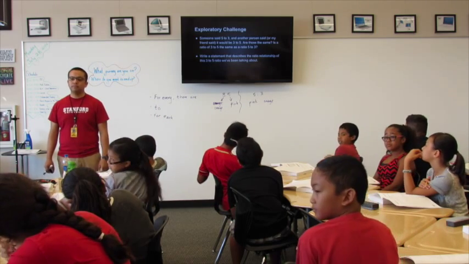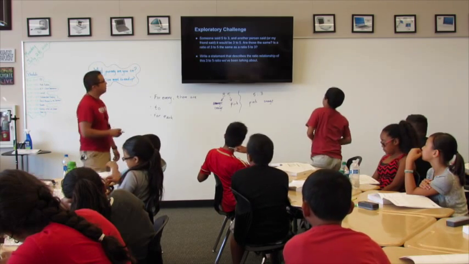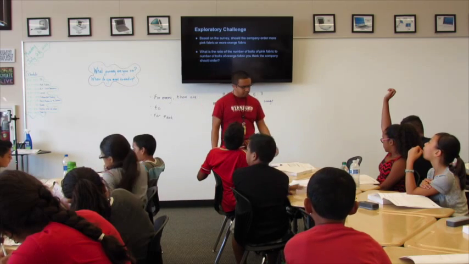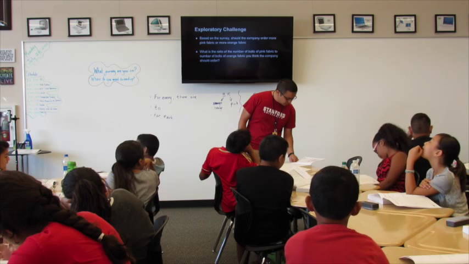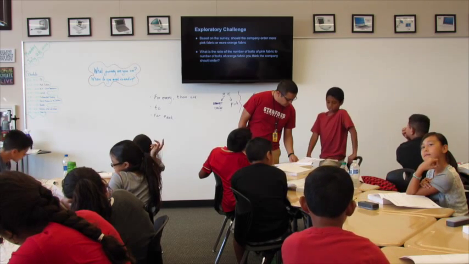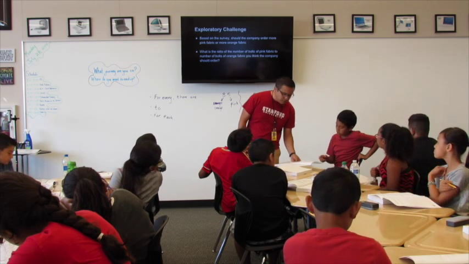Caleb. On page 4, it does talk about bolts. Page 4 it does? Yeah, on number 2. Where does it say that, Caleb? Wait up, guys. On number 5, we have to find the ratio. On page 4?